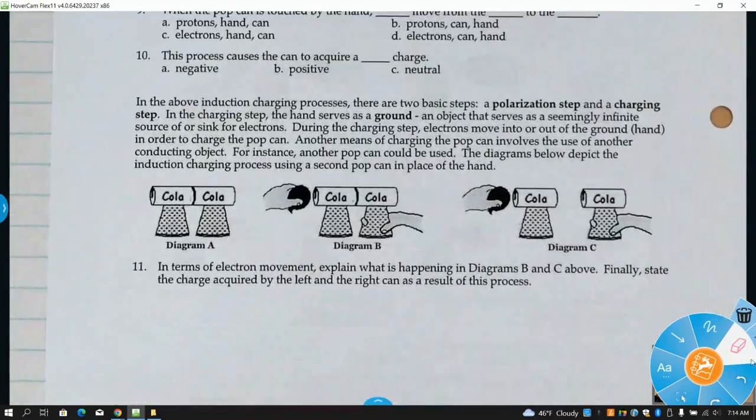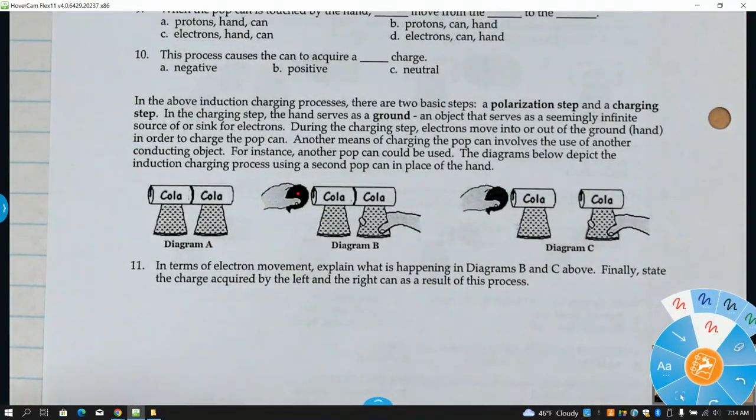And then this polarization method here. They bring a negatively charged balloon here. So what's going to happen is, there were some positive and negative charges. These both were neutral. They're just touching. Nothing's going on. You bring a negative charge over here. The overall electrons from both cans are going to slide over this way. So that's going to make this left side negatively charged overall and the right side more positively charged.